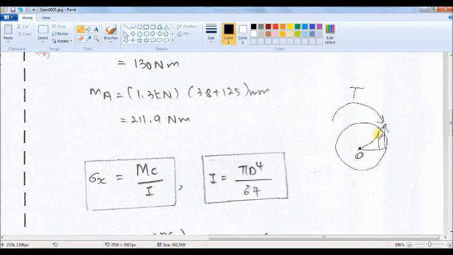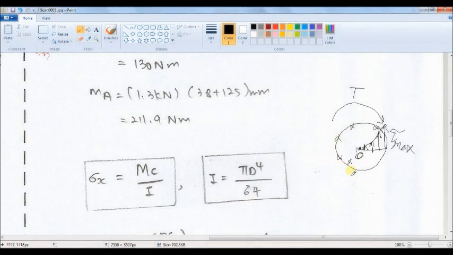So the distribution of torsional shear stress is in this way. Here we have 0, here we have maximum shear stress. So at all the points around the circumference of the circle, we will have maximum torsional shear stress.